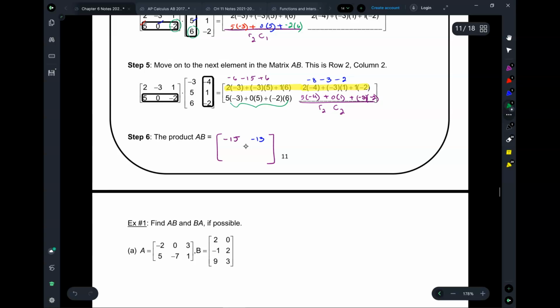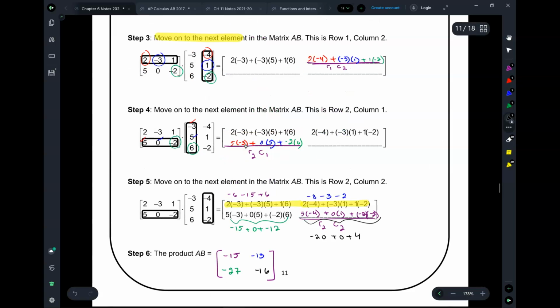This one here, negative 15, 0, negative 12, negative 27. And the last one here, negative 20, 0, positive 4, negative 16. Okay? And that's how we multiply the matrices.